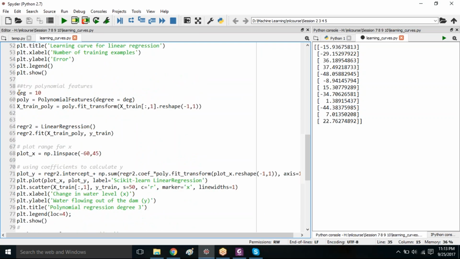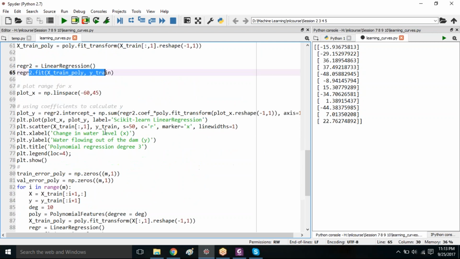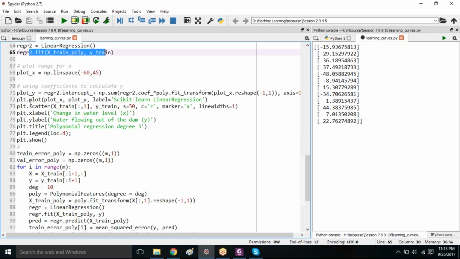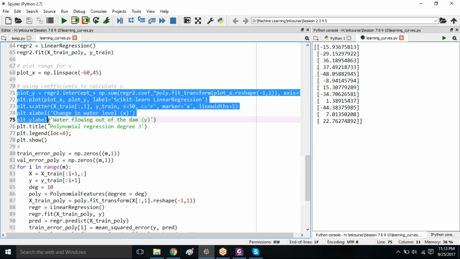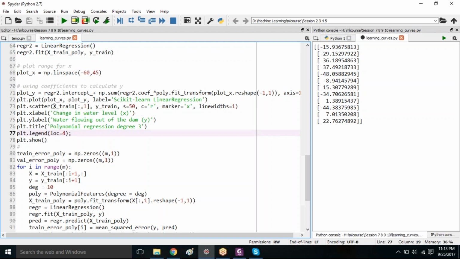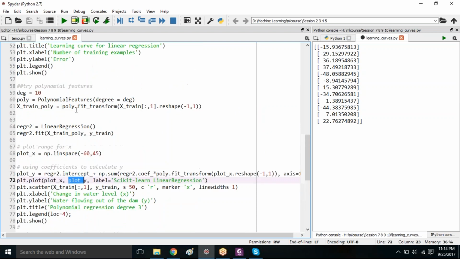Now I am doing it for degree 10. Same linear regression, same fitting. And again here, plotting the thing, scattering the data. And then plotting the lines for this degree 10 polynomial.